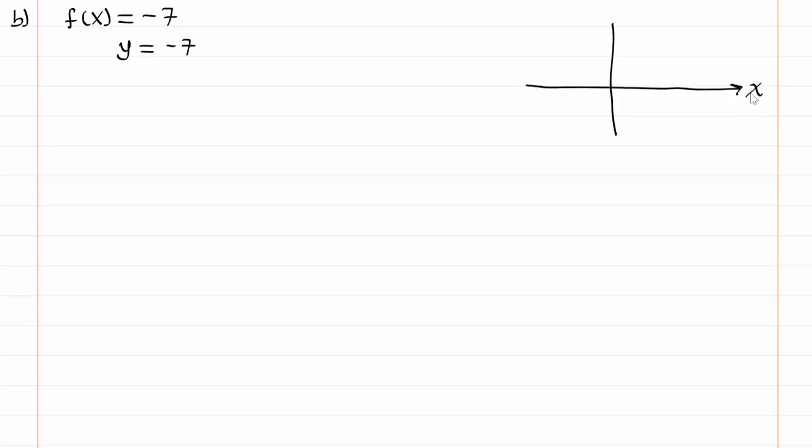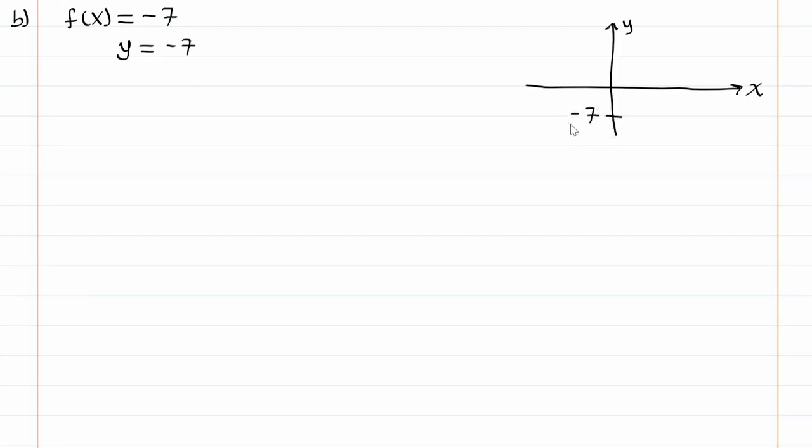Part B says f of x equals negative 7, and we have said this is the same as y equals negative 7. And if we are to sketch this quickly, if this is our Cartesian plane, x-axis and the y-axis, we have y is negative 7. So we have a point on the y-axis here, negative 7.